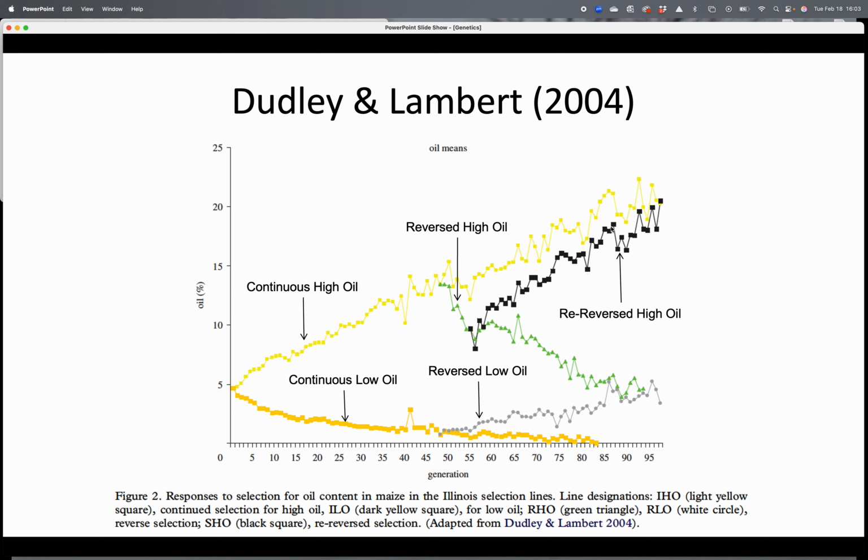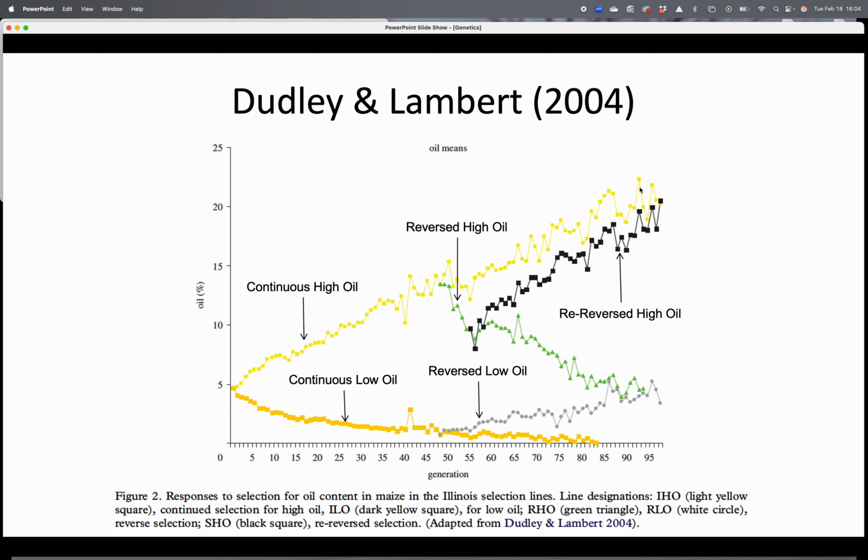When we get up here to these two high oil lines, the continuous high oil that's been selected on for 100 generations and the re-reversed high oil, you see that they begin to converge on one another at around 20% oil content.